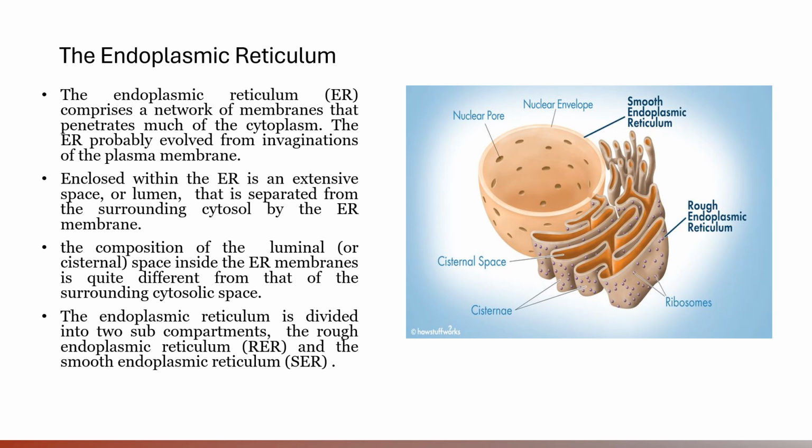There is a complex network of these flat sacs, which are called cisternae. And as you can see in the diagram, the endoplasmic reticulum is continuous with the outer membrane of the nuclear envelope.